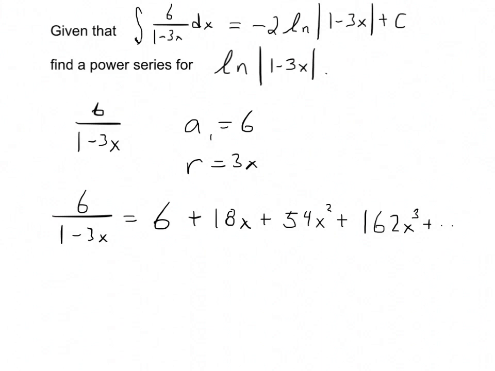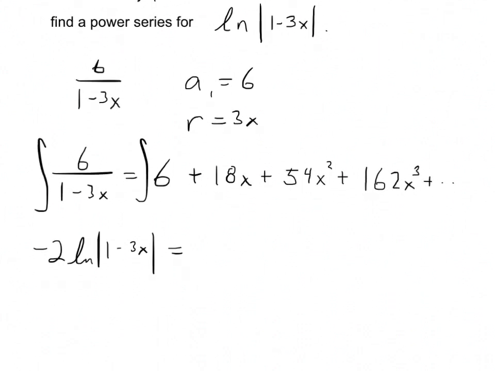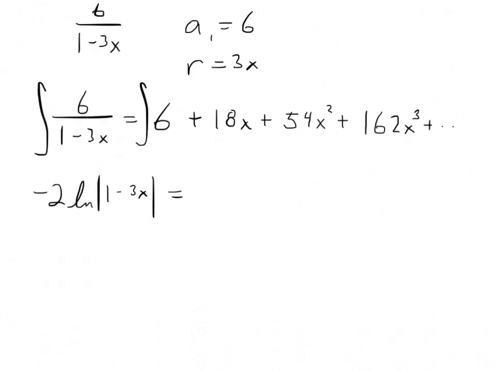Now, by taking the integral of both sides, I can find negative 2 natural log of 1 minus 3x is equal to, and just like I did before, I'm going to put the c first, so is equal to c plus 6x plus 9x squared plus, let's see, if we divide the 3 out of that, you're going to end up with, oops, sorry, that shouldn't be a 9, that should be a, oh no, that's right, I'm second guessing myself, 18x cubed.